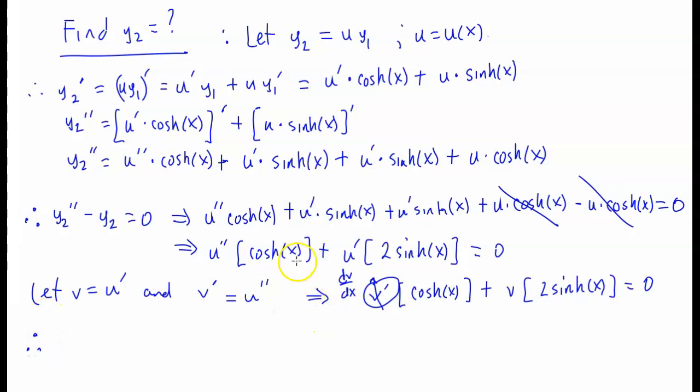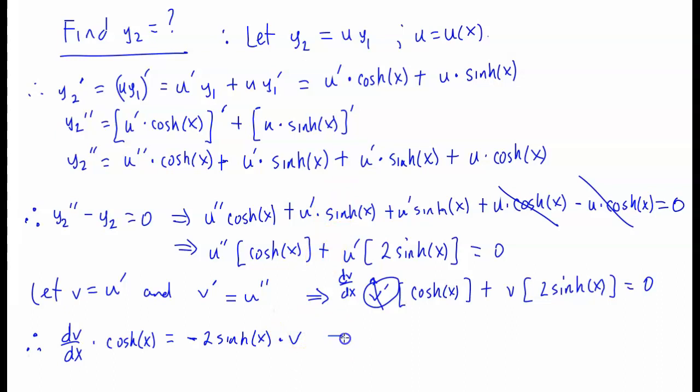So here what that means is I'll have this term and I could subtract this term from both sides. So I have dv over dx times cosh x is going to equal minus 2 sinh x times v.